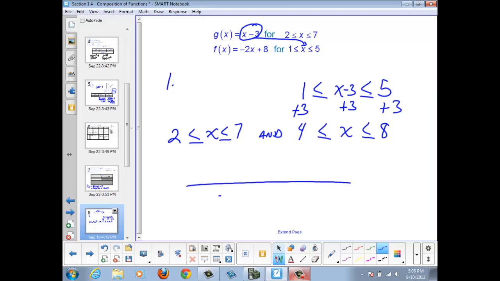So I draw a number line with these two possibilities. Here's 2, here's 7. So step 1, x has to be somewhere between 2 and 7. For step 2, x has to be somewhere between 4 and 8.